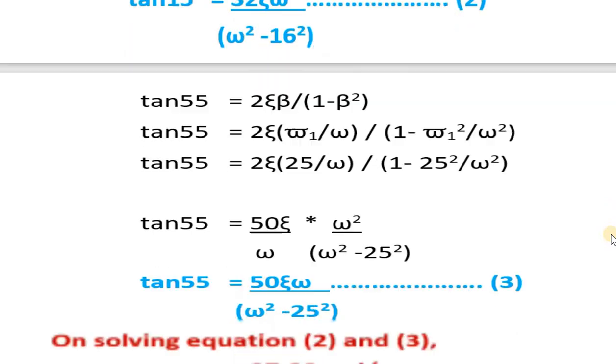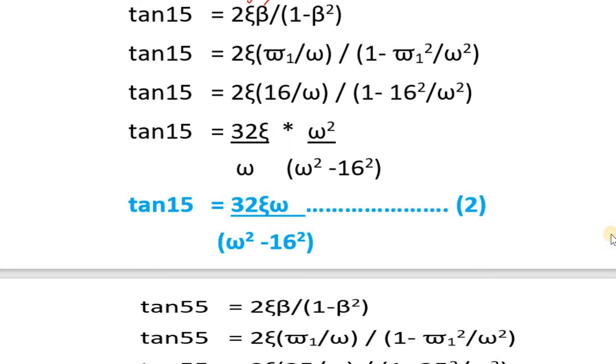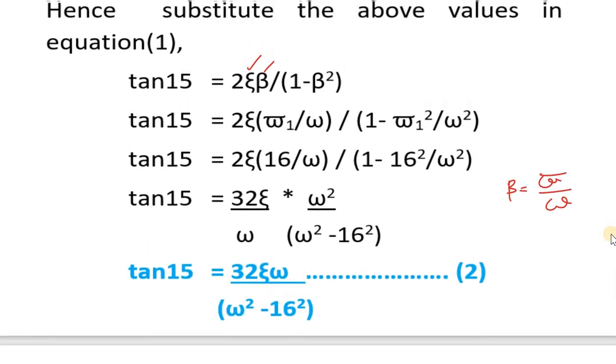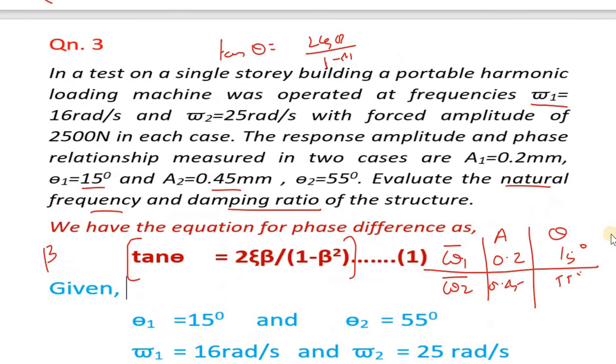Now here you can see I am finding out what is beta. Beta is equal to omega dash by omega. So I am substituting omega dash by omega here, and here also omega dash by omega, where omega dash I know. Omega 1 dash is 16 radian and the other is 25.